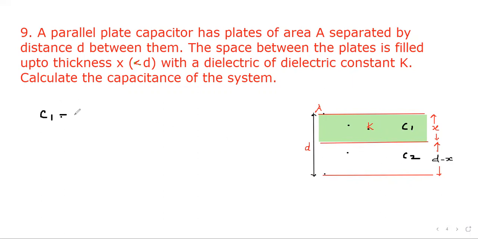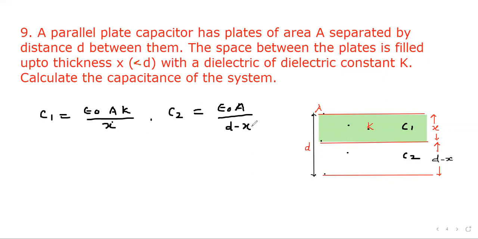So C1 will be epsilon naught A times dielectric constant K divided by the separation between the plates, which is x. And C2 is epsilon naught A divided by the separation d minus x.